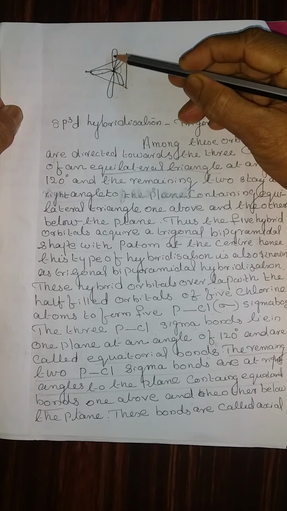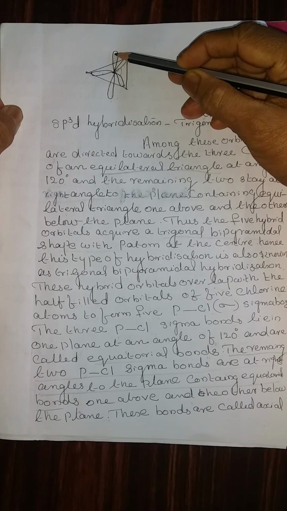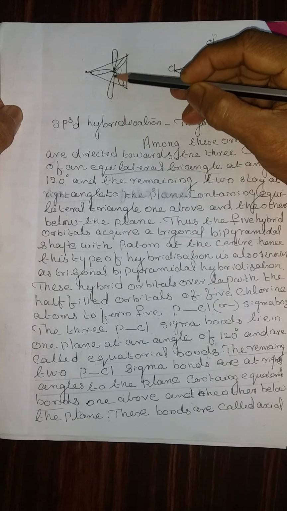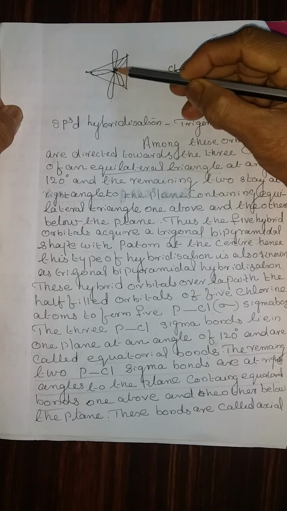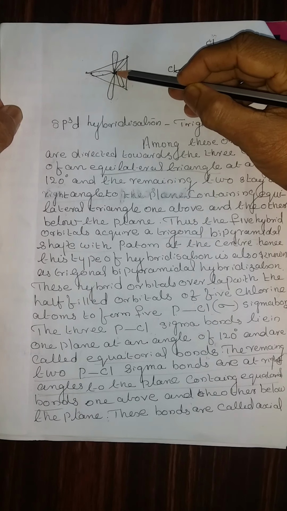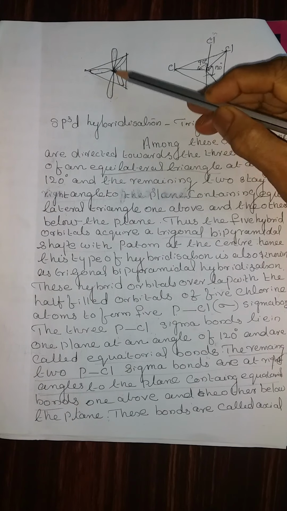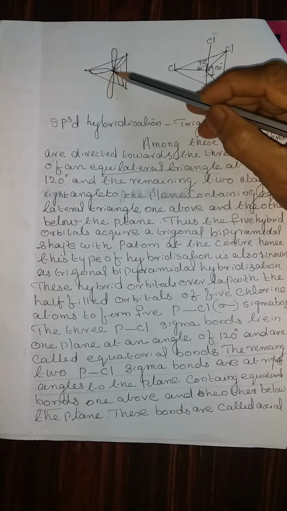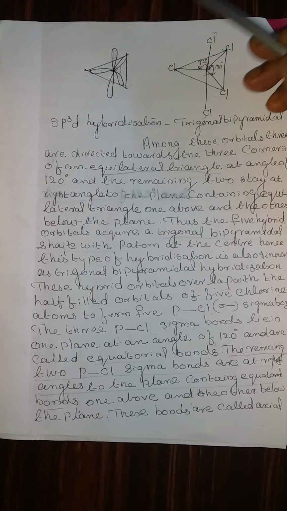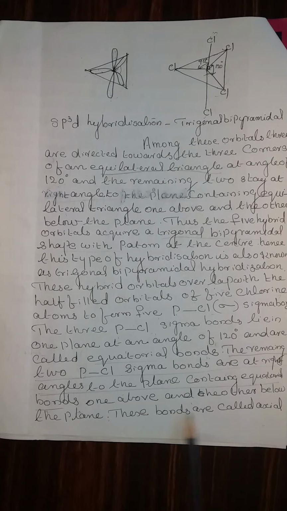Now the 2 other bonds, one above the plane of phosphorus and another one below the plane, with the phosphorus atom situated in the center. Therefore, one above and one below at right angles to the 3 equatorial bonds, they are known as axial bonds.